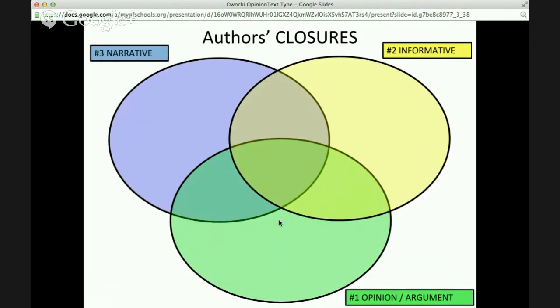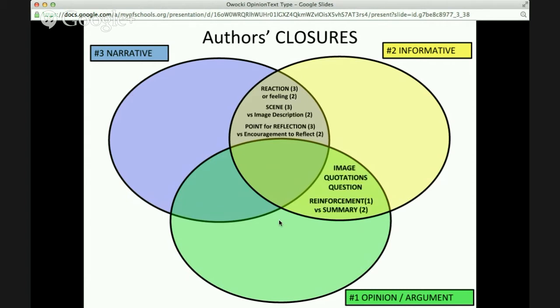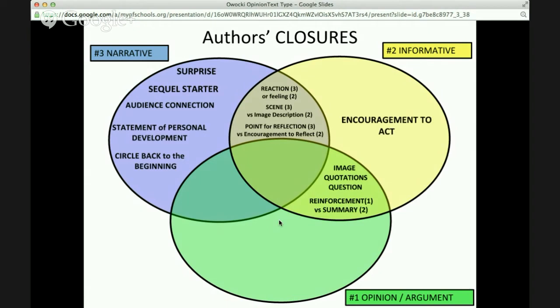But now we look at narrative, informative, and opinion. Interesting. Actually, there are no closures that are common to all three. This is very interesting. But depending on the sequence of your teaching, you can connect opinion to informative and see some common closures, or between informative and narrative, so that kids, as they use these same openings and closures through the different text types, will become very fluent at using them in their writing.